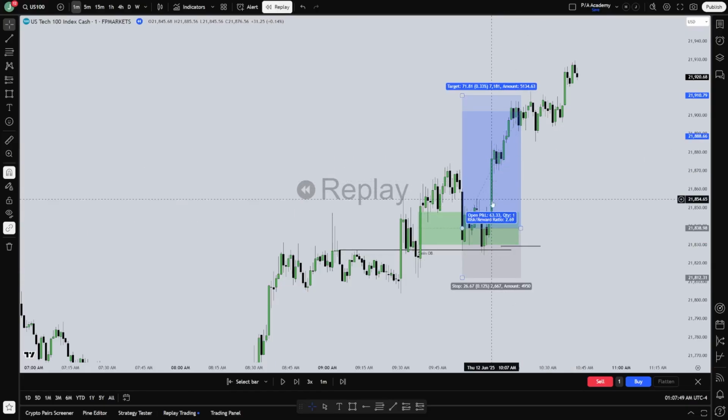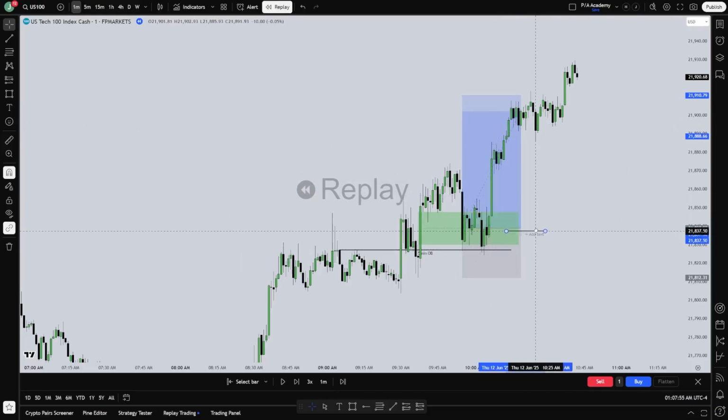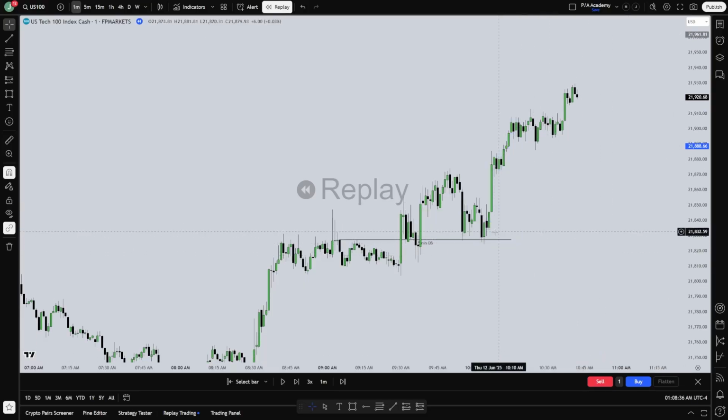I'm expecting this fair value gap to hold. We don't even come into it, and then we just drive above. We keep going, and I would just put my stop loss at break even and leave it at that. Really nowhere else to put it, except maybe below the fair value gap, but it doesn't really matter to me. I would just keep it at the entry point, so break even if I lose, and I'd be okay with that.